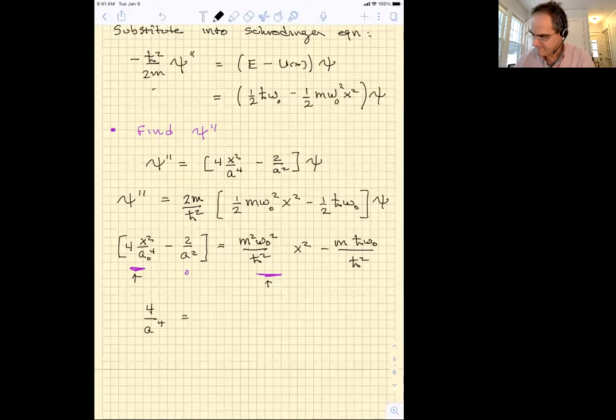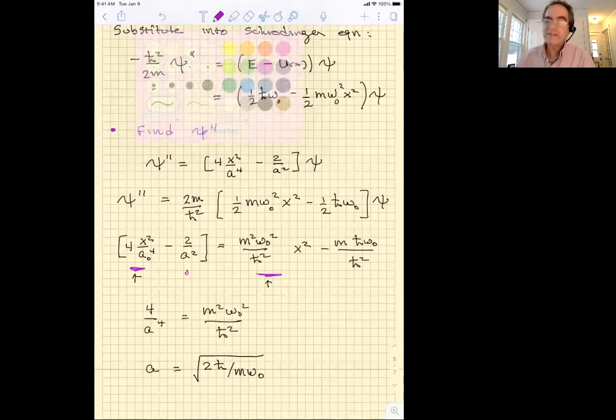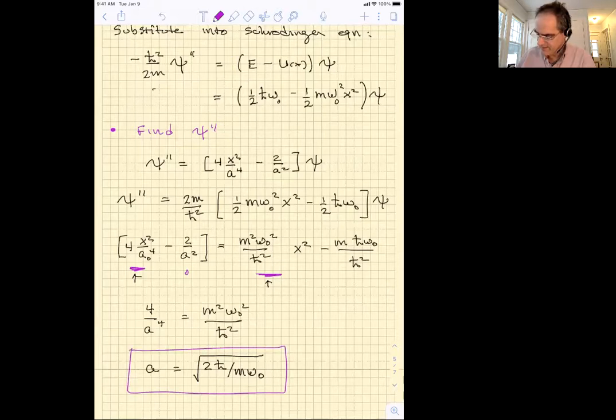Okay. Very good. And then what we find is that 4 over a to the 4th power is m squared omega naught squared over h bar squared. And then we should find that a is equal to the square root of 2 h bar over m omega naught. Apologize for the mistake, okay? But just some algebra. There we go.